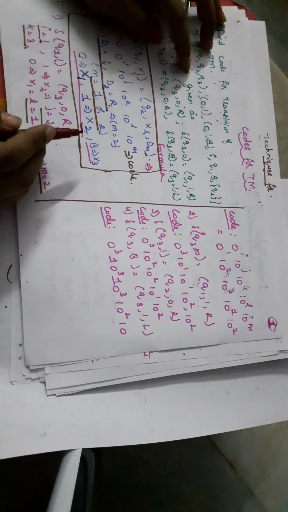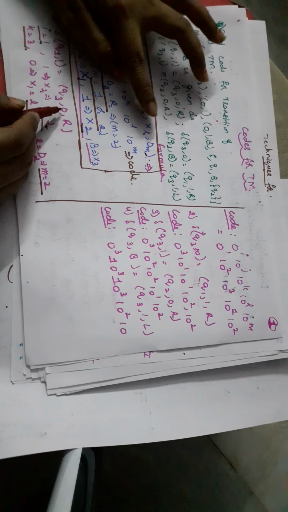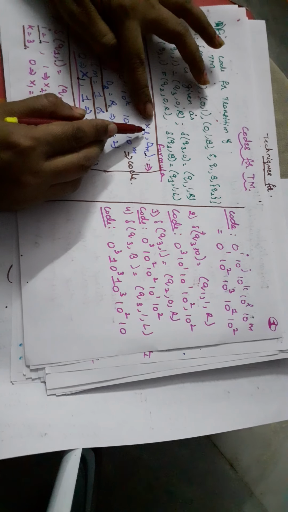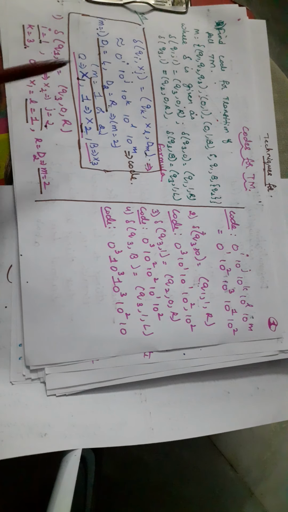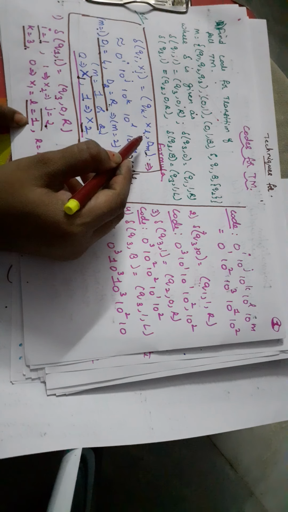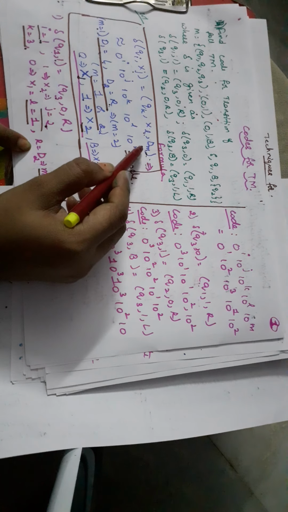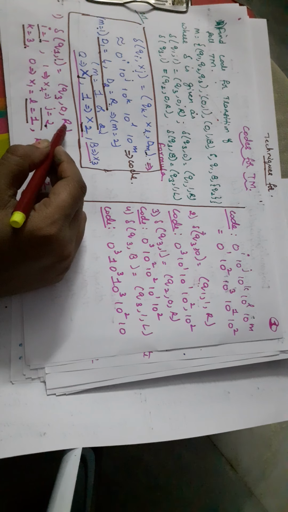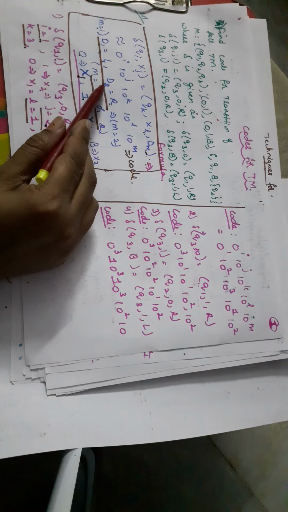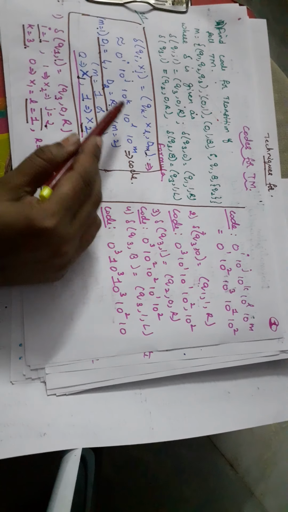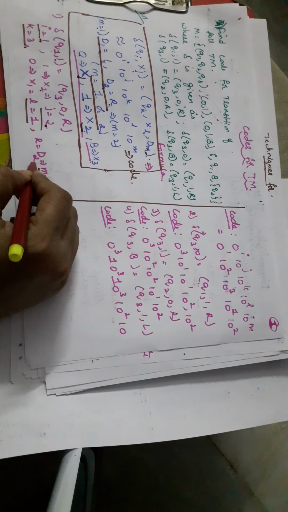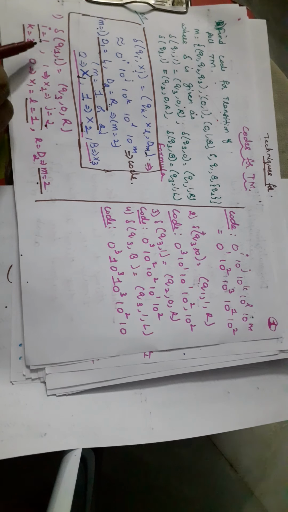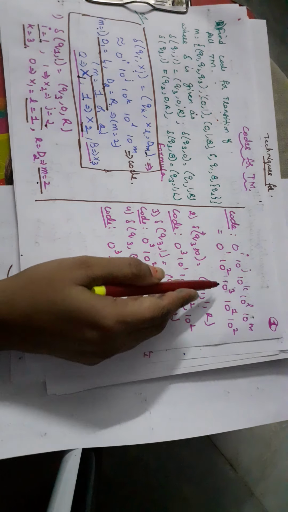Then the second symbol we have is 0, and the abbreviation for 0 is x1, so Xl equals x1, that means l equal to 1. Then we have R, that is the right direction. Right means this is equal to d2, so Dm is equal to d2, that means m equal to 2. So here we got all the values I, J, K, L, M. Simply we are going to put them in this formula.